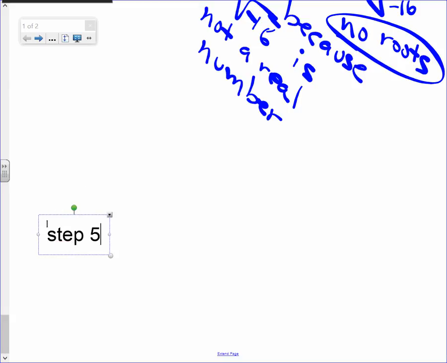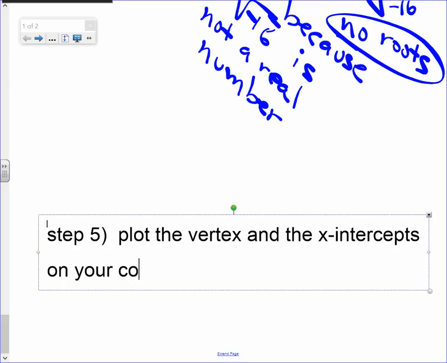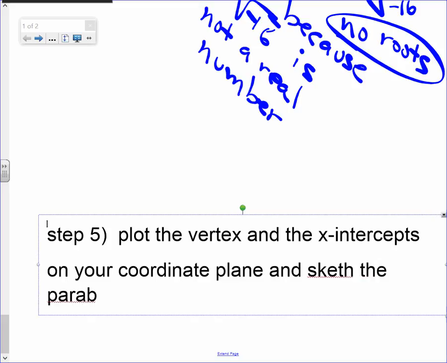Step 5: plot the vertex and the x-intercepts on your coordinate plane and sketch the parabola.